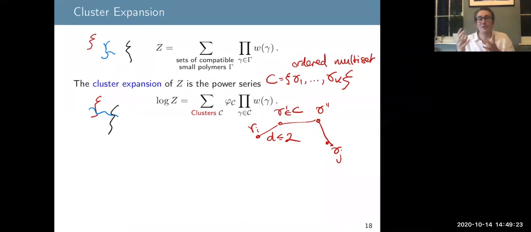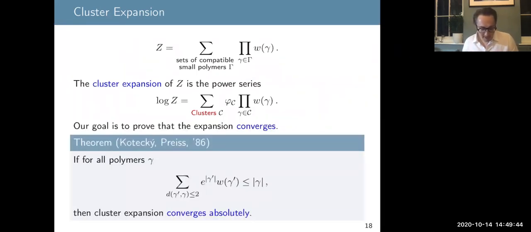So we're summing over two very different objects. Okay, but it's not too important to fully understand this formally. I just want you to understand sort of the general form of what the cluster expansion looks like. And hopefully in the last few minutes, I'll be able to show you why it's useful. So again, our goal here is to show that the cluster expansion converges. I should mention that this is an infinite sum.